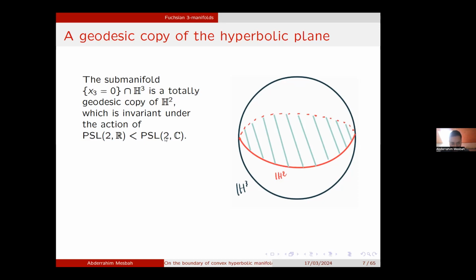And the subgroup of the isometries of H3, which is PSL2C, that makes this plane invariant under its action forms a group which is isomorphic to PSL2R. Also here I should recall that PSL2R is the group of isometries of H2 that preserve orientation.